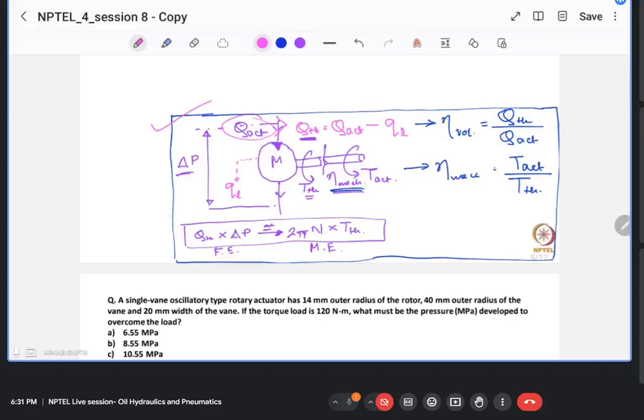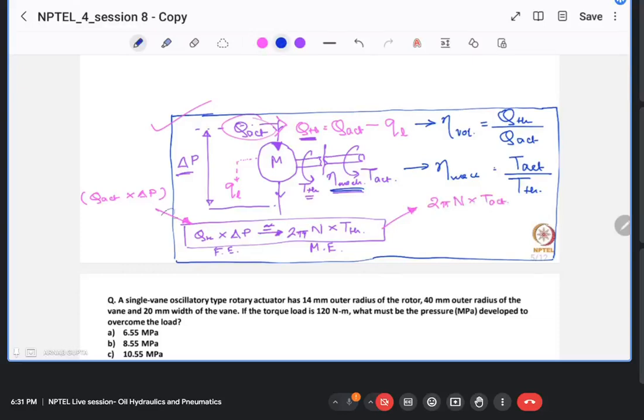So I would just like to add two more things here. This is the fluid energy that is being taken up by the motor from the actual energy that is getting as the input, and from here the actual output is nothing but 2 pi n into torque actual.